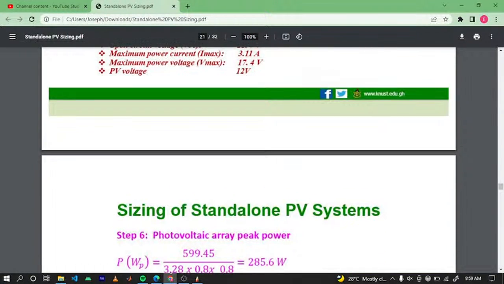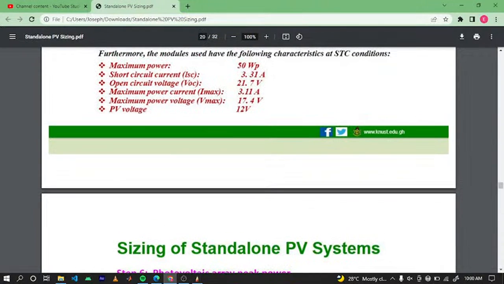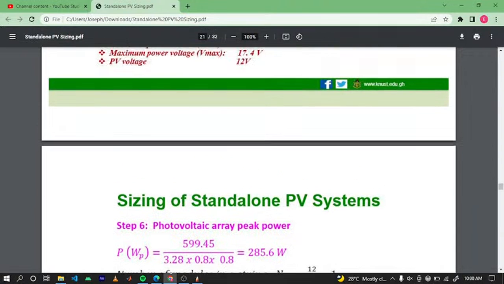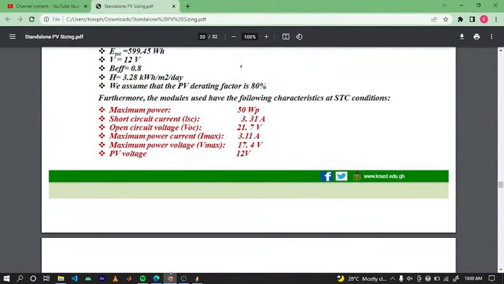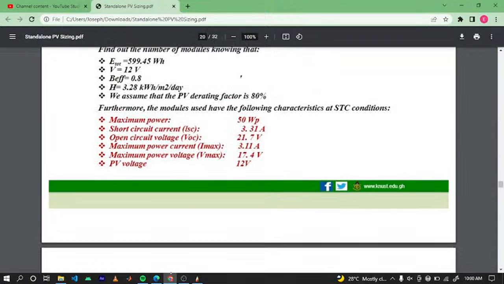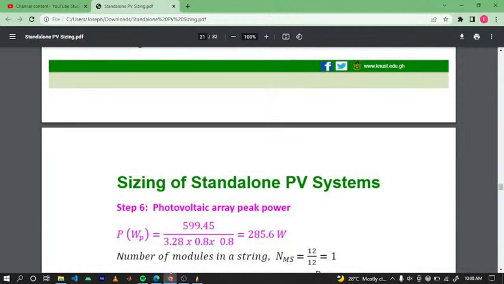So therefore, 599.45 over 3.28. The 3.28 is representing the battery efficiency. That was given in the data sheet of the battery. Then we have our derating factor here, and the 3.28 is the H, sorry, the radiation.